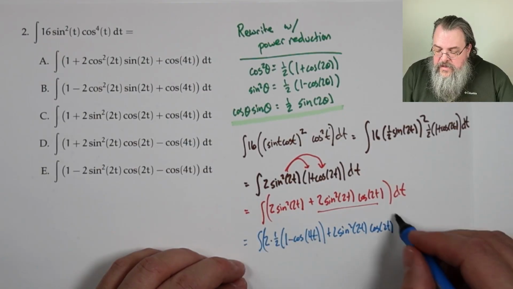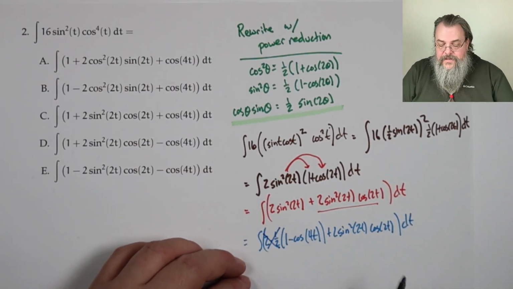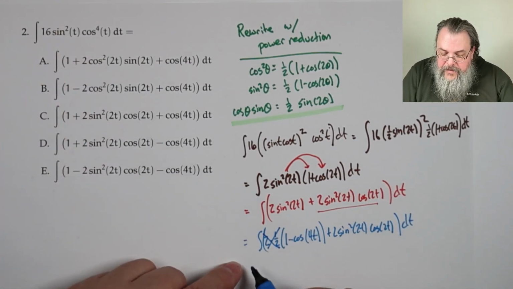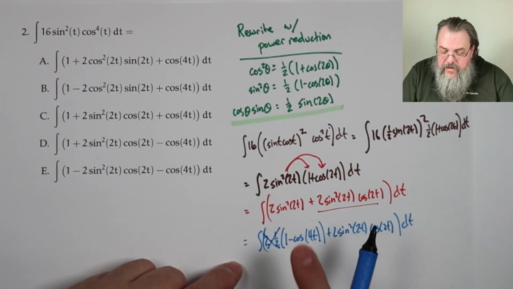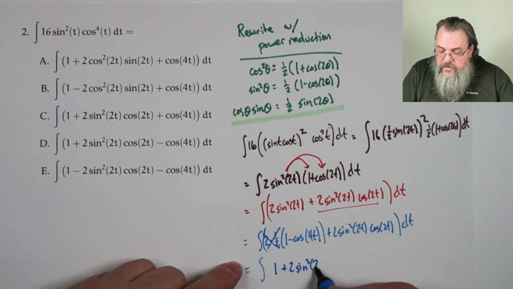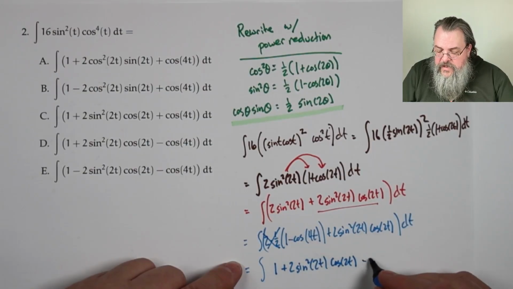And now we say, aha, 2 times 1/2, that's 1. So we have a 1. That's good. We wanted a 1. And we have a cosine 4t with a minus. And now we say, oh, yeah, let's just rewrite it. So we put the 1 in front. We'll put this 2 sine squared of 2t cosine of 2t in the middle, and this minus cosine 4t on the end.